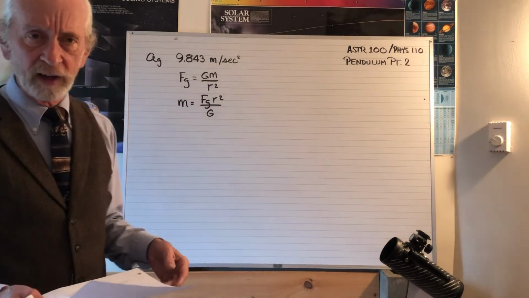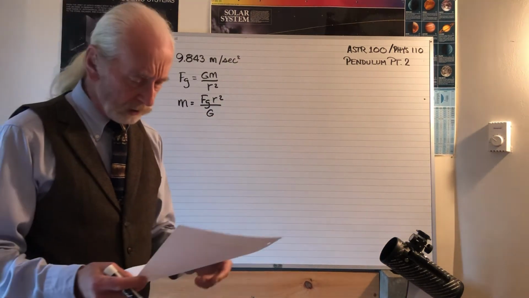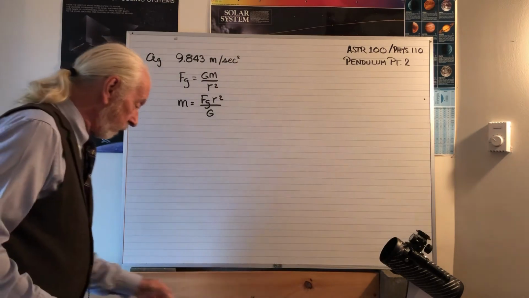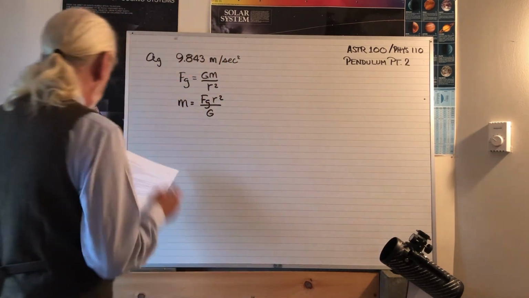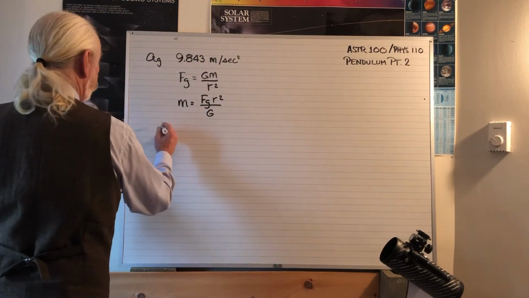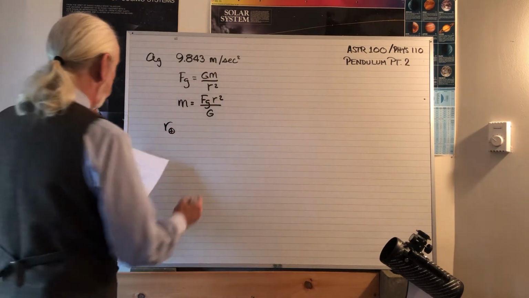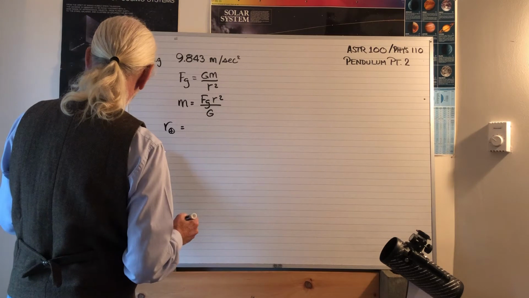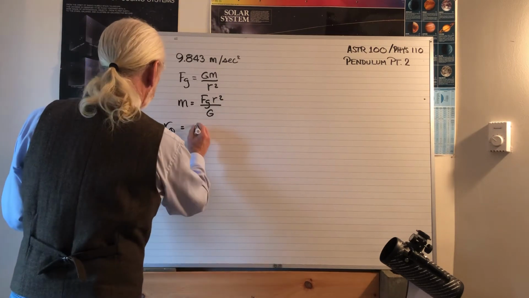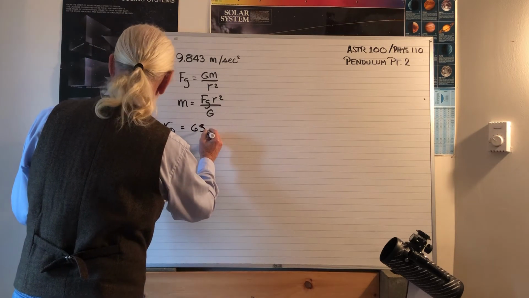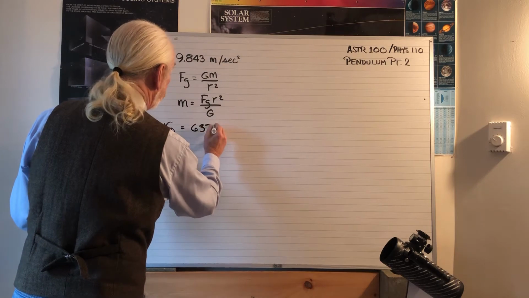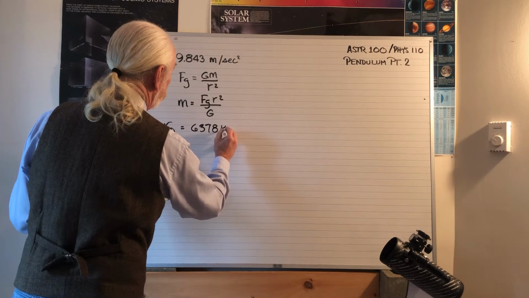Well, the Greeks figured that one out over 2,000 years ago. And we've refined it since then, obviously. The radius of the Earth, and that's a symbol for the Earth, is 6,378 kilometers.